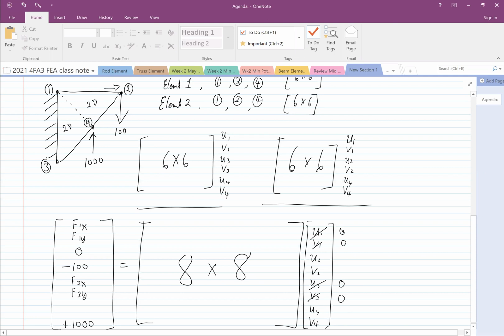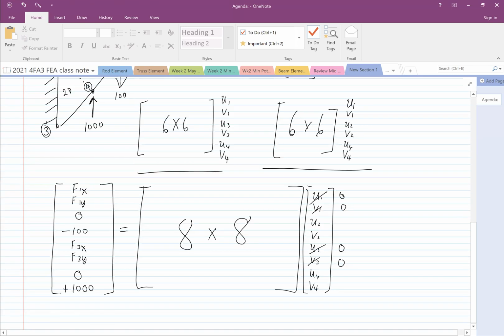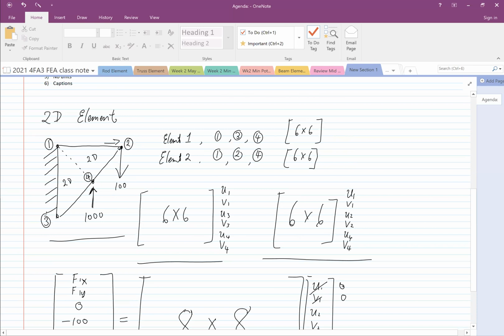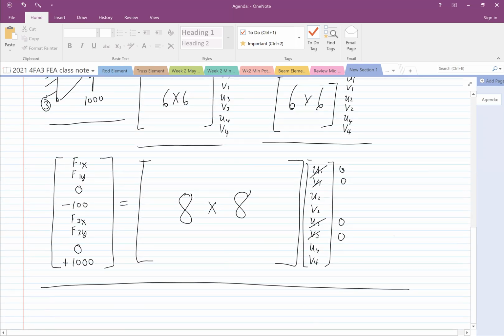And U4 is 0, but I have a positive force on it. So that's it. And then you solve for it. If I have a question like this, up to here, you get 80% already.